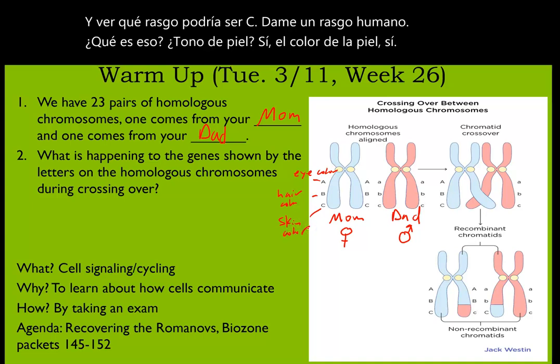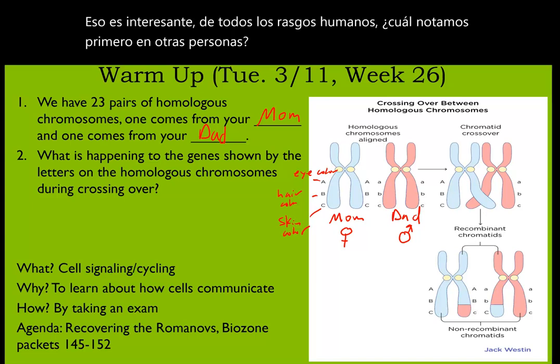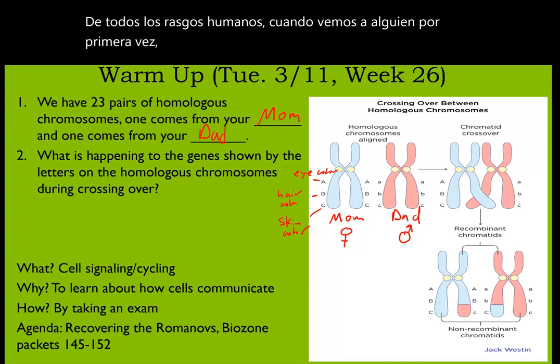And that's interesting. Out of all the human traits, which one do we notice first about other people? What do you think? When we first see somebody, what trait do we pick up on first? Their face.